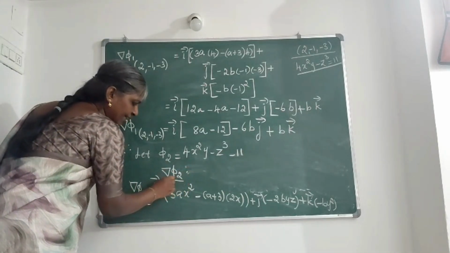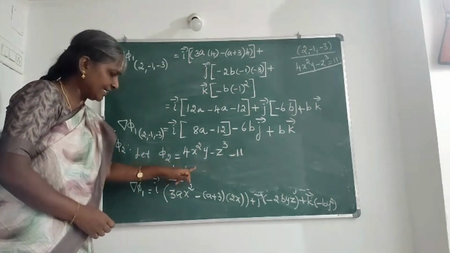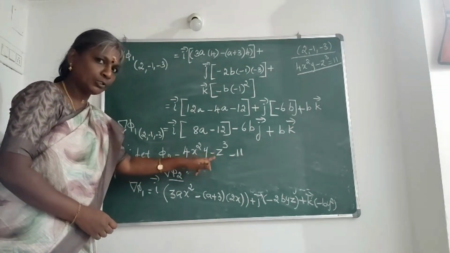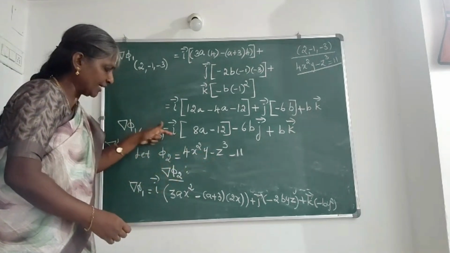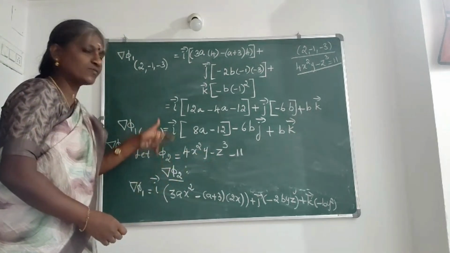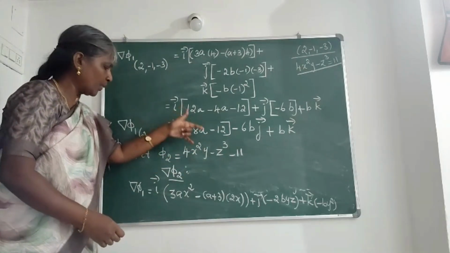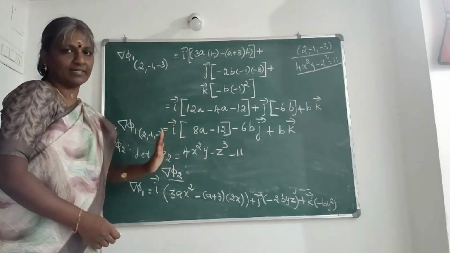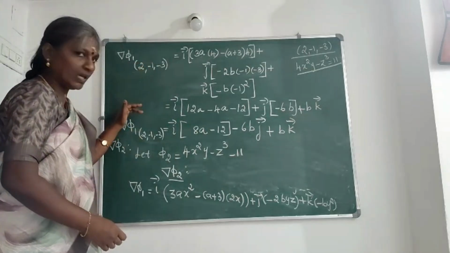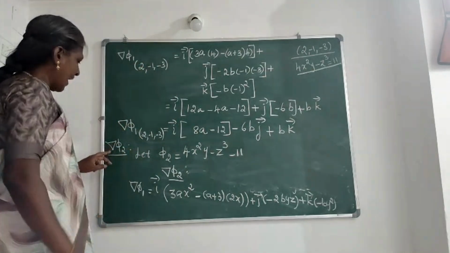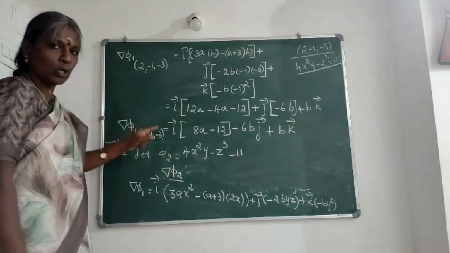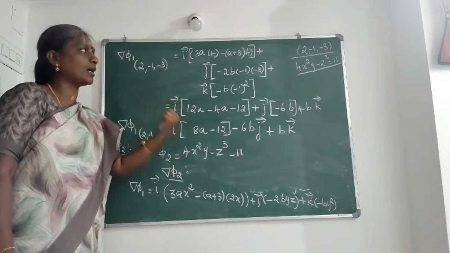So how can we find del φ2? Vector i into ∂φ2/∂x plus vector j into ∂φ2/∂y plus vector k into ∂φ2/∂z. So in the usual way, we are going to find del φ2 and del φ2 at the point (2, −1, 3).